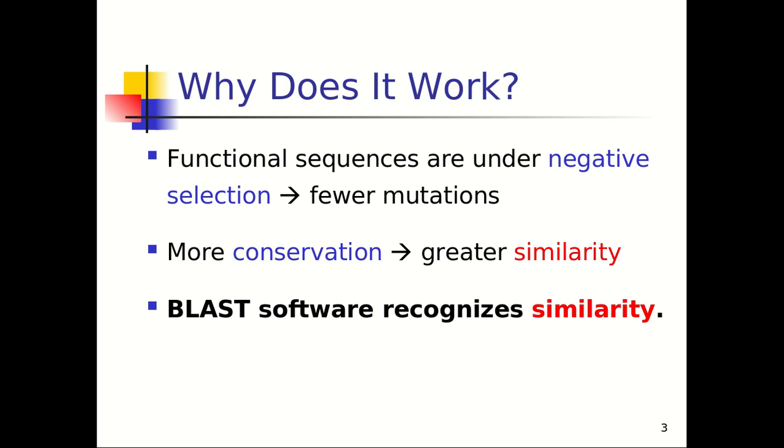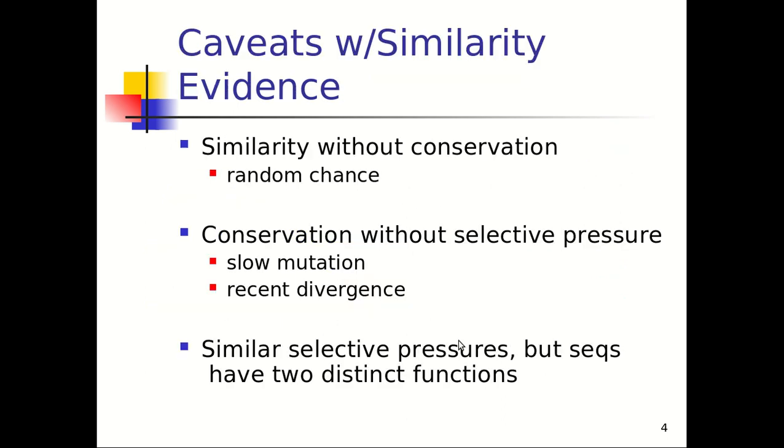Now, the main way to measure similarity on the web, the way most people do it, is something called BLAST, and it's based on the concept of similarity. Similarity without conservation, that's random chance. In other words, if two things are similar, it might just be accidental, and that might imply that it was conserved between these two organisms, but there was none.